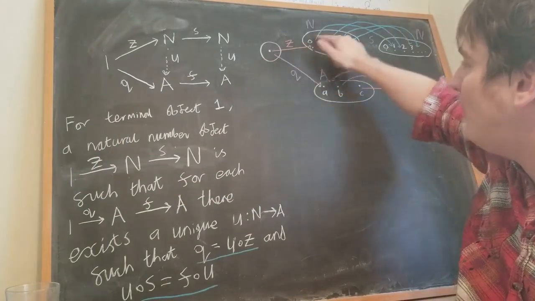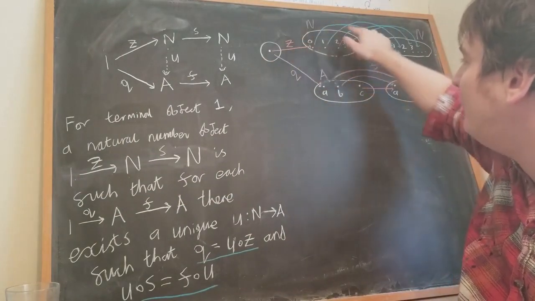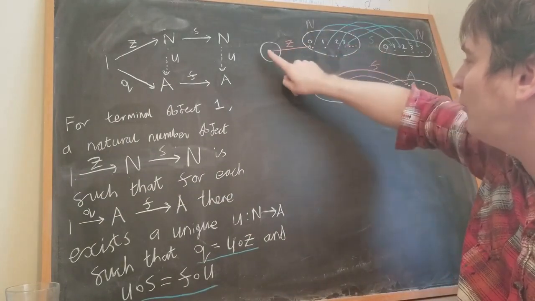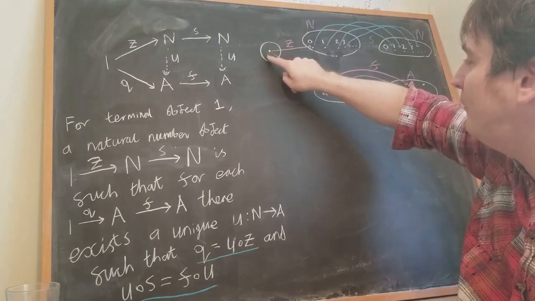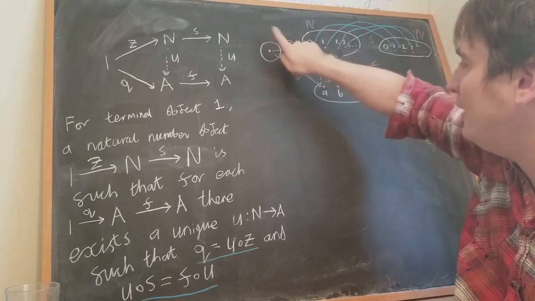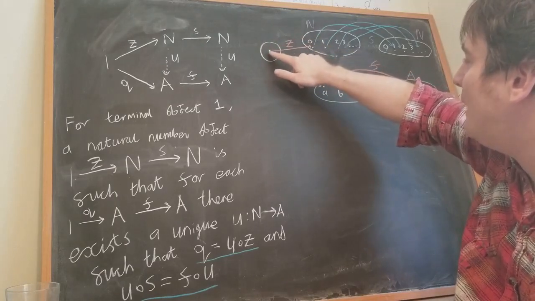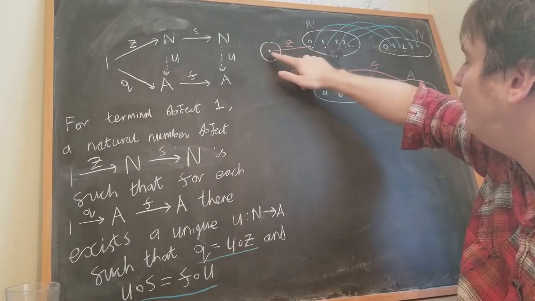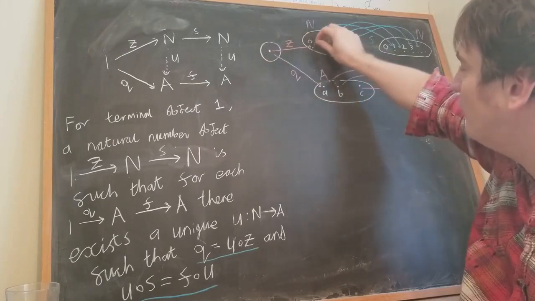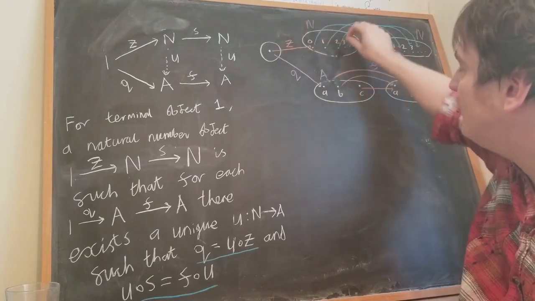They essentially pick out an element of the target set for us. There's just one element in this singleton set, the terminal object, and so an arrow from this singleton set to another set is just going to point towards one element in the target set.